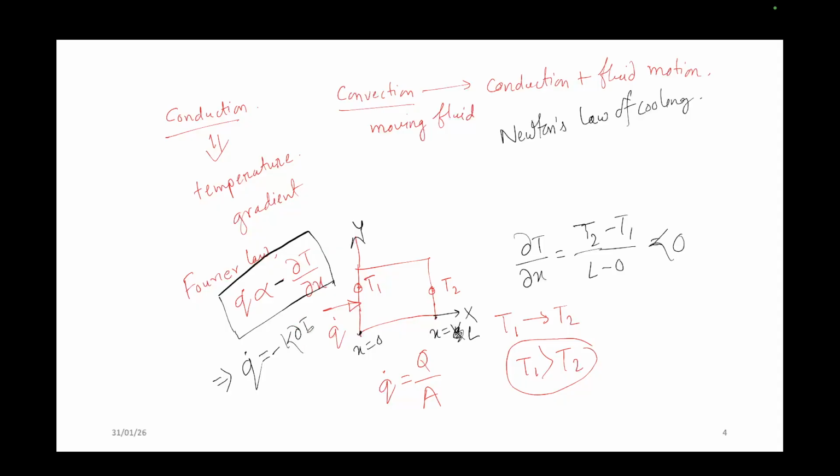So what basically is this k? k here represents the thermal conductivity. So it is the property that is involved in this concept of conduction. This k implies how much heat the material will conduct. Okay. So here k is your thermal conductivity.